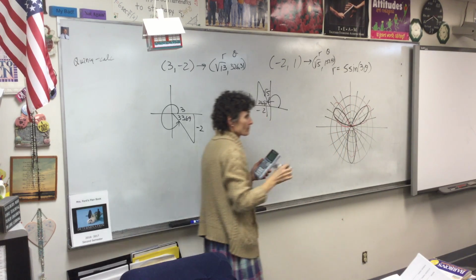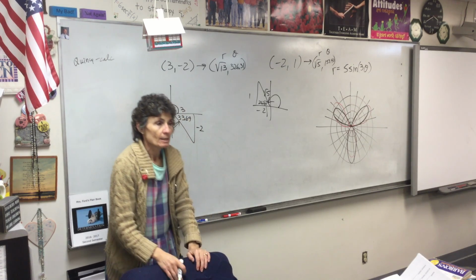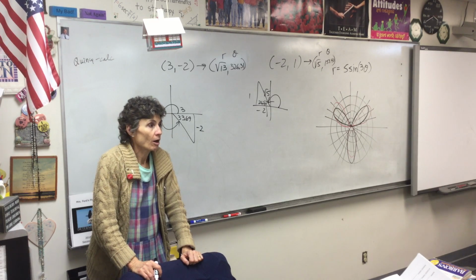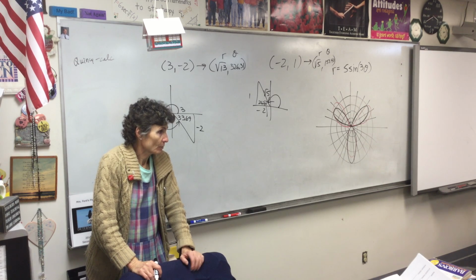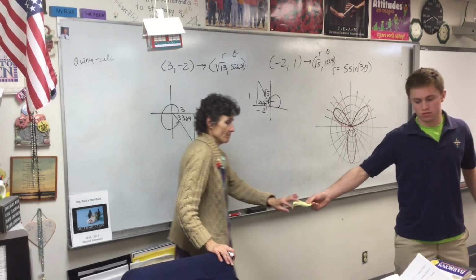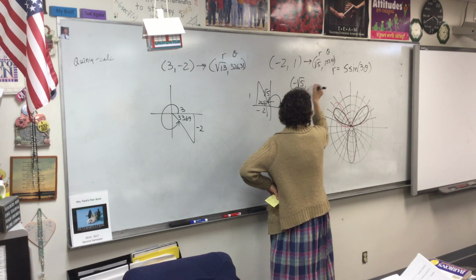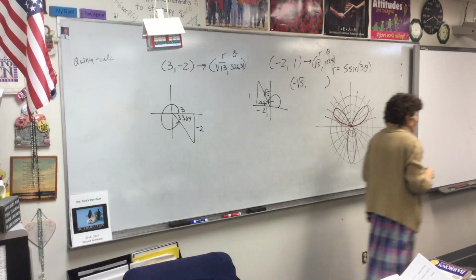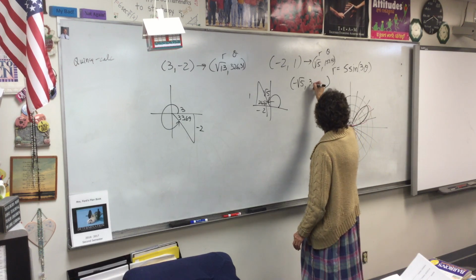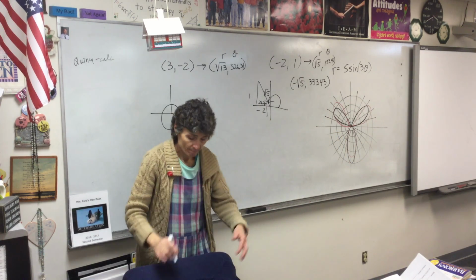Is that right? Now, that is a beautiful answer. But, did you read the directions? R has to be negative. Okay? No problem. Does not impact the way I do the problem. All it does is make R negative and change the angle by how much? 180. So that would be 333.43. Done.